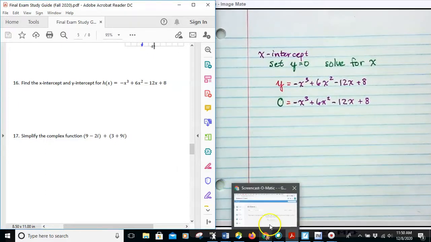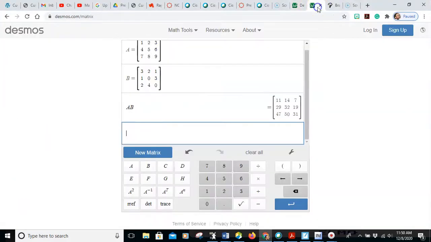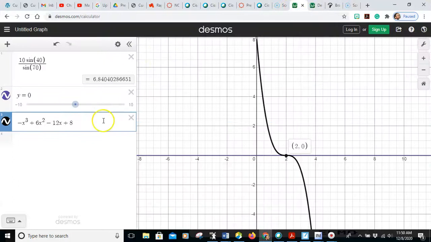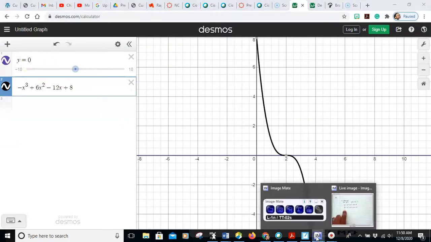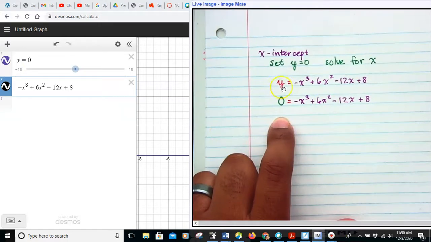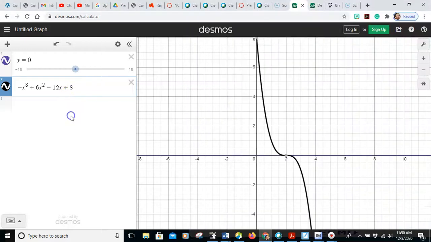So in Desmos, oh, it's already right there. All right, so we said here y equals 0 for the first one. So let me pull this up real quick. We said y equals 0 for this first one up here. And then we put the equation for this part, negative x cubed plus 6x squared minus 12x plus 8, right here. And we put them both together and see where they intersect.